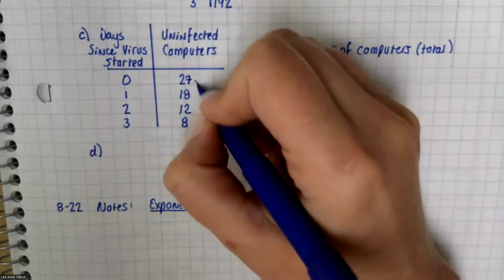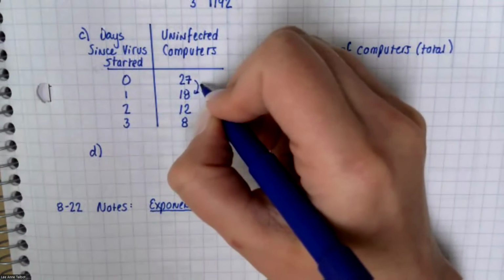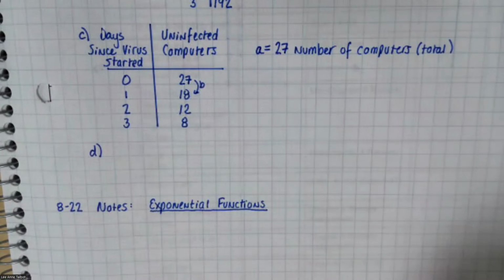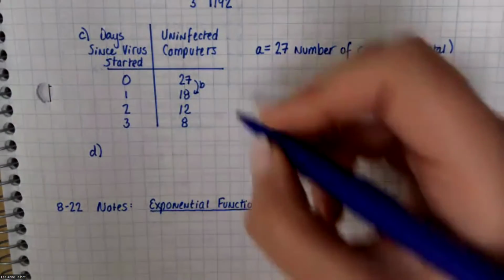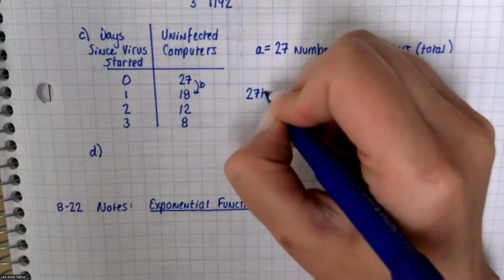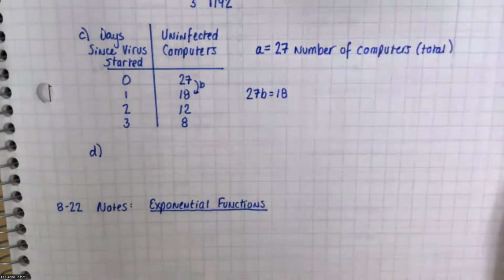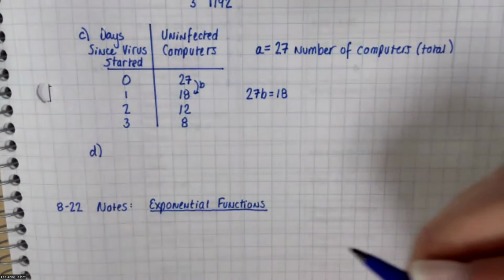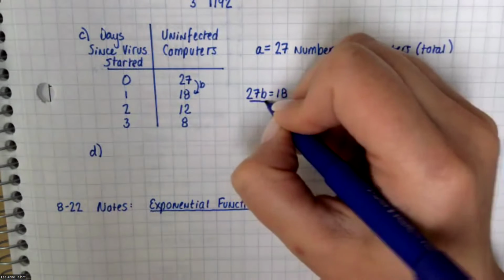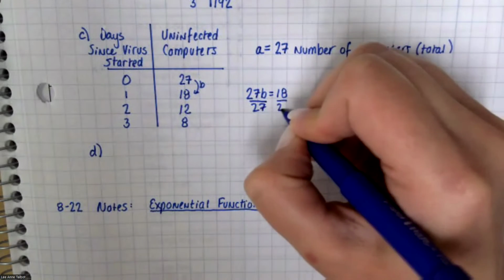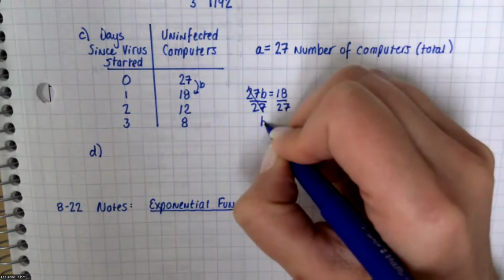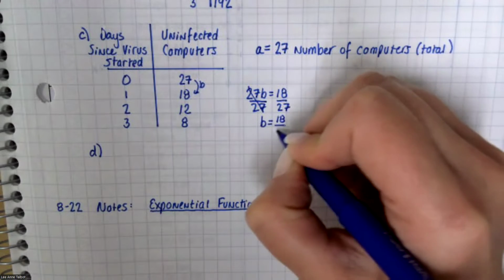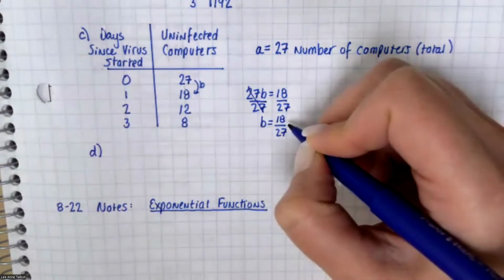Okay, now we know that 27 times something is 18. So 27B equals 18. Nice. Wait, can't be. Other way.